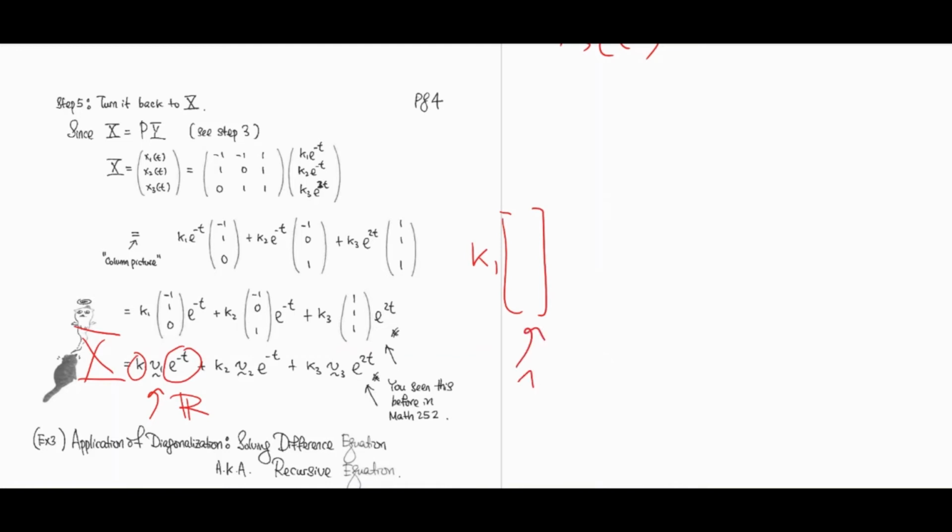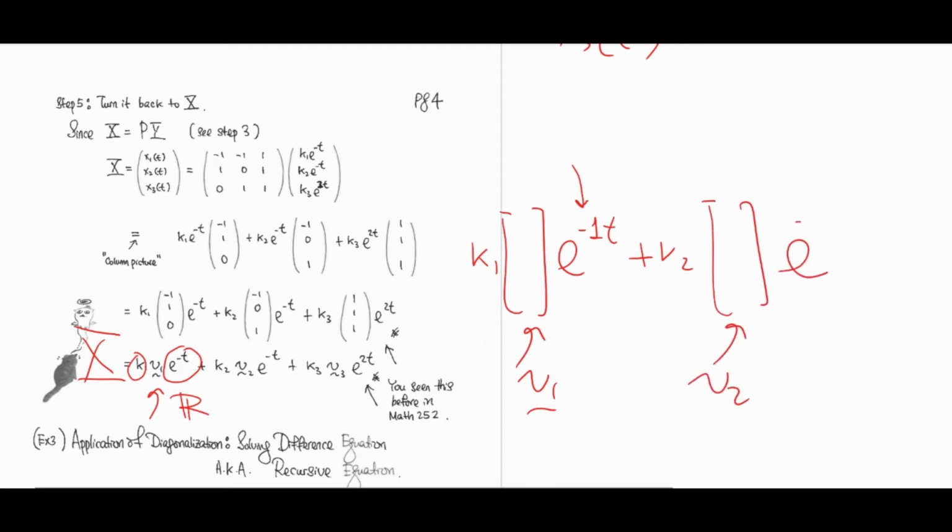This vector is your eigenvector, corresponding to this eigenvalue right here. Then plus a scalar and another vector, this is our v2, again an eigenvector corresponding to its eigenvalue.